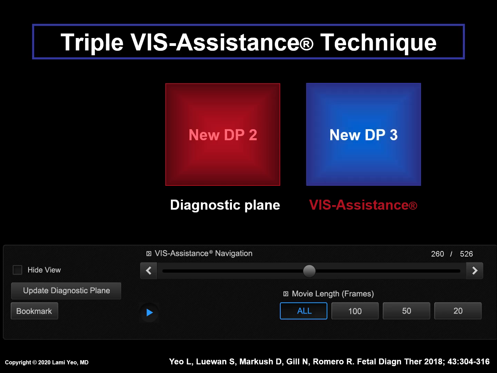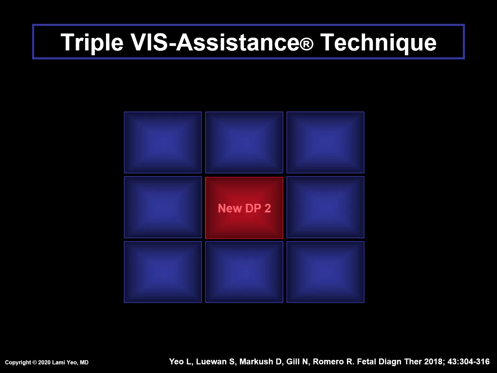The user replaces the diagnostic plane with new DP3 so that it appears in the template of 9 cardiac views. This is accomplished by pressing the button labeled Update Diagnostic Plane. As shown here, new DP2 has now been replaced with new DP3.